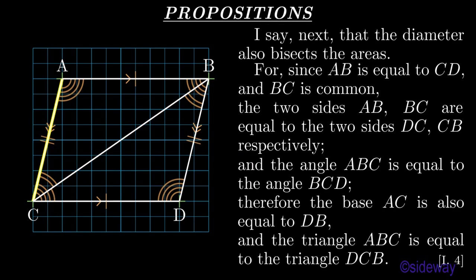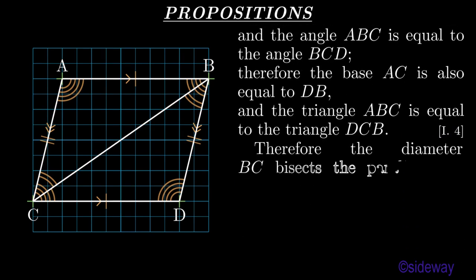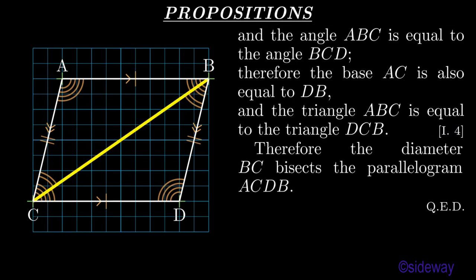Therefore, the base AC is also equal to DB, and the triangle ABC is equal to the triangle DCB, by Book 1, Proposition 4. Therefore, the diameter BC bisects the parallelogram ACDB. What was to be shown?